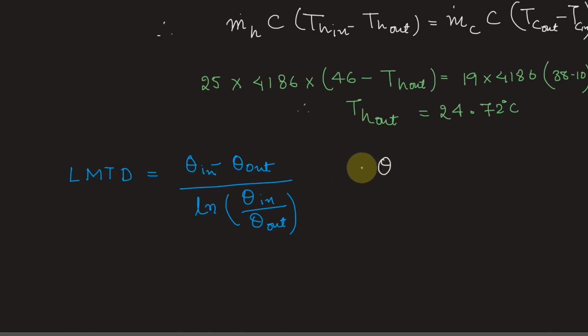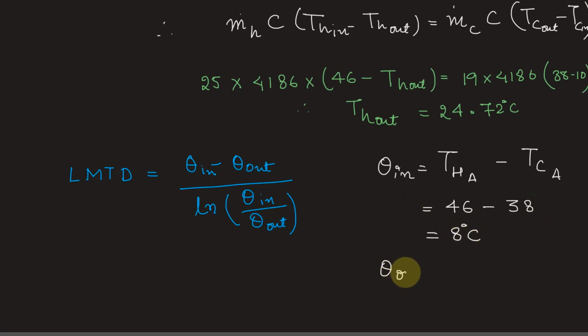Theta in will be equal to the temperature of hot fluid at A minus the temperature of cold fluid at A. That means Th at A is the temperature of hot fluid at the inlet, which is 46, minus the temperature of cold fluid at the exit, which is 38. So this value will be 8 degrees Celsius.